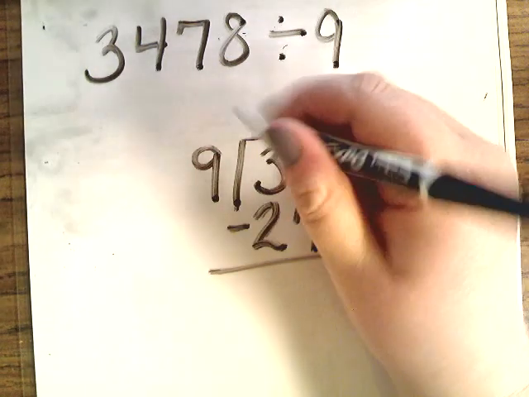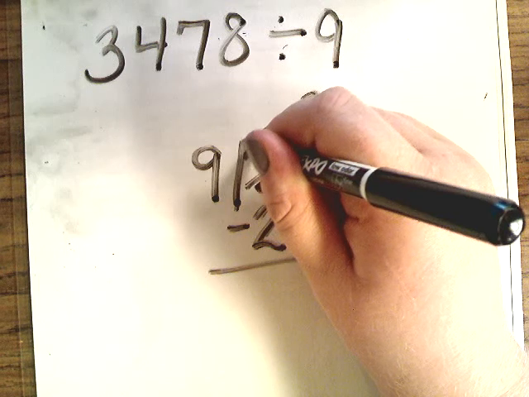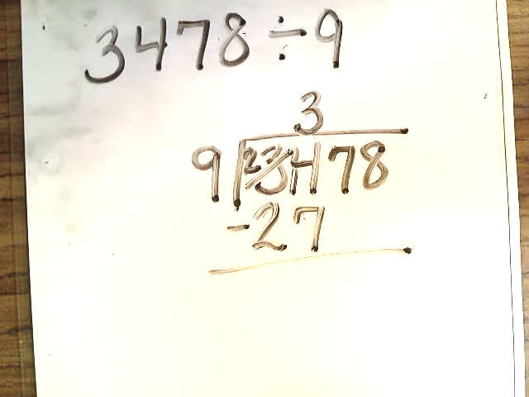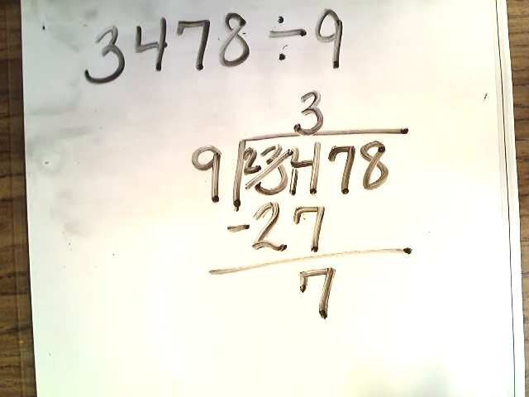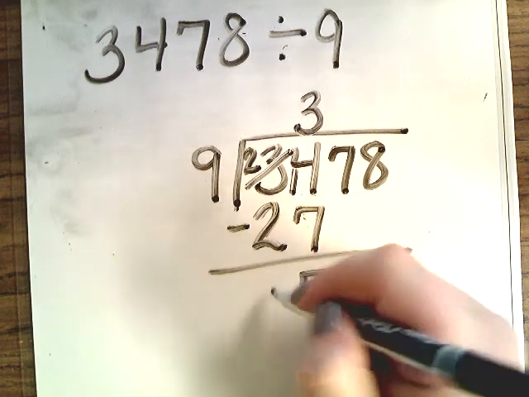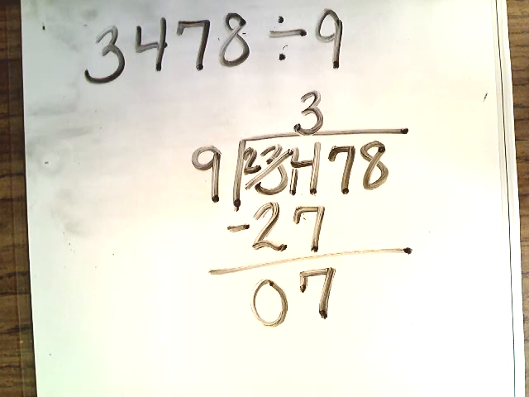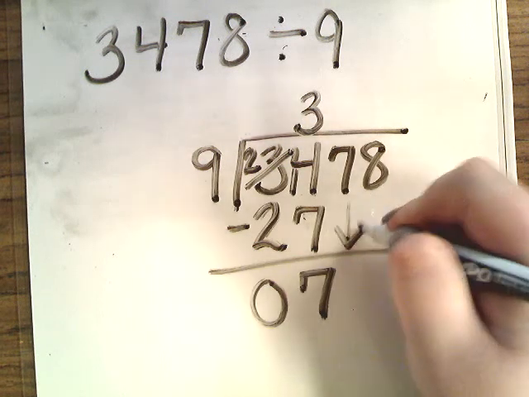So I have to borrow from the 3, so it becomes 2, and this becomes 14. 14 take away 7 is 7. And 2 take away 2 is just 0. You don't have to write the 0, but you can. Bring down this 7.